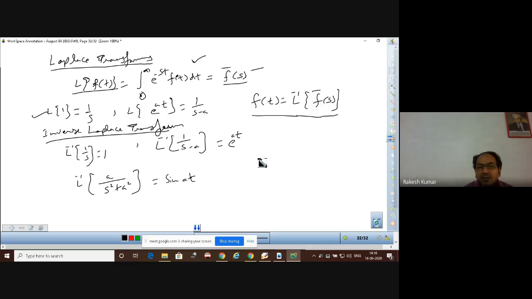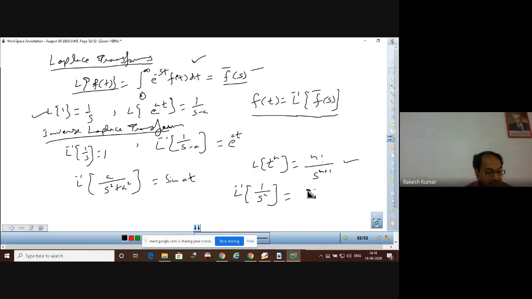We have also done the Laplace of t raised to power n. That was n factorial over s raised to power n plus 1. We can use this formula for finding out the L inverse of 1 over s raised to power n.